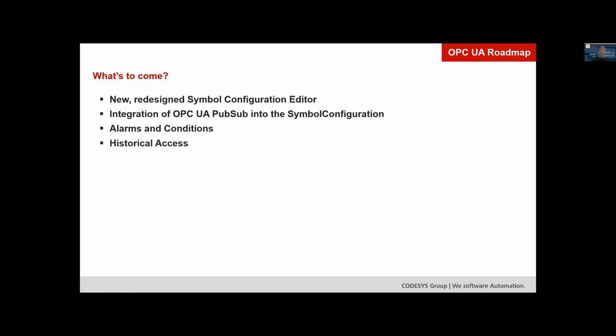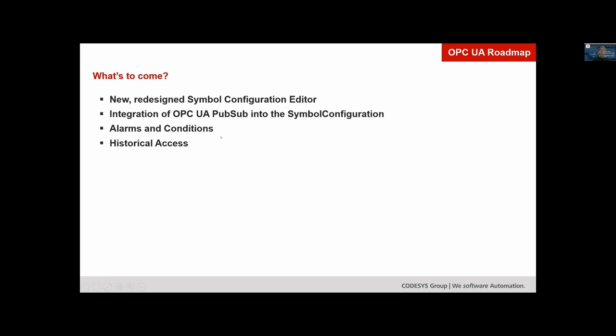We're working on a new and better one. In a later version, we also plan to include OPC UA PubSub into this. Publishing variables via OPC UA PubSub will also be just a few clicks with a mouse, which is really nice and easy.